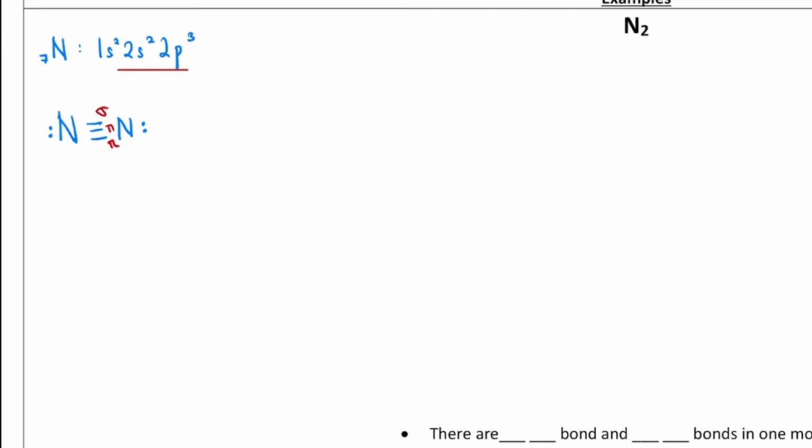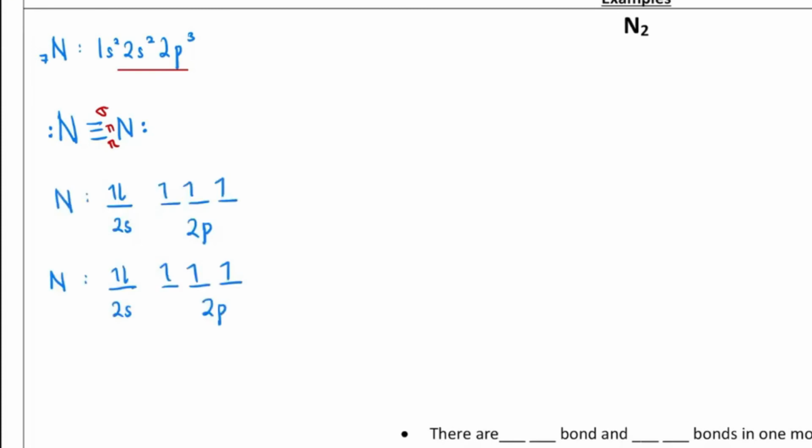Okay, the next thing we need adalah dia punya orbital diagram for nitrogen. So this unpaired electron and this unpaired electron will form a bond. Okay, ini pun sama, akan form satu bond, ini pun akan form satu bond. So maksudnya ada 1, 2, 3 bond yang kita akan form and kita kena form 3 overlapping jugalah between 1, 2, 3, 2p orbital.